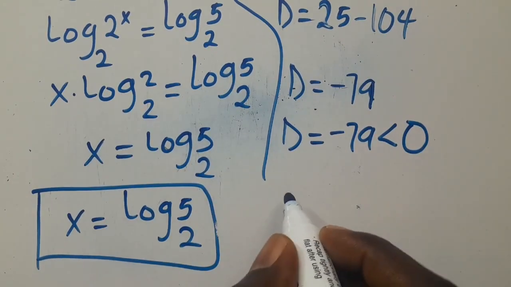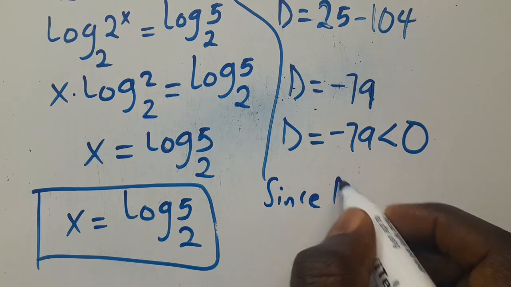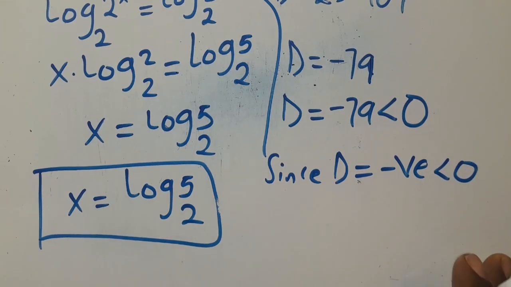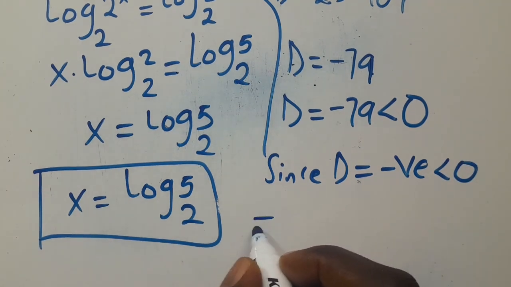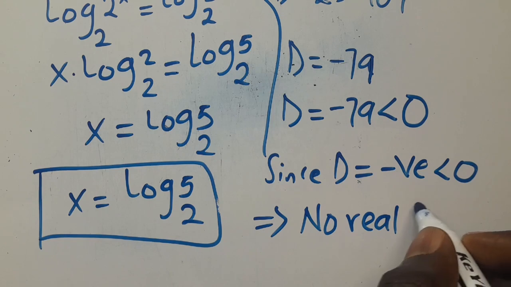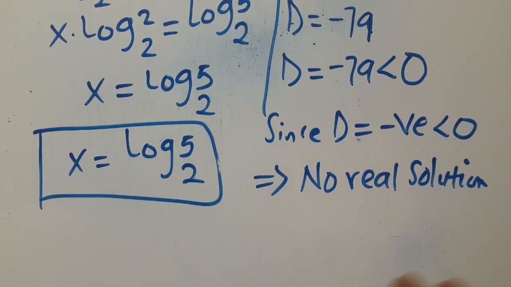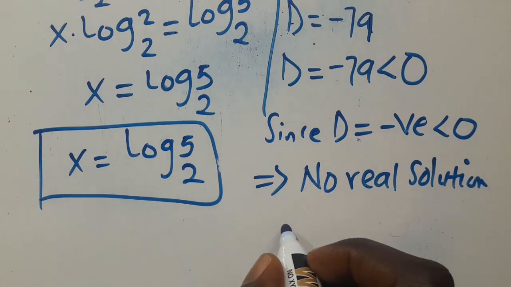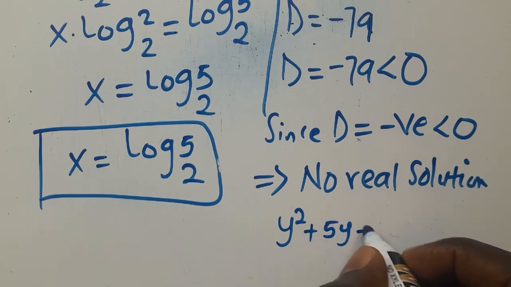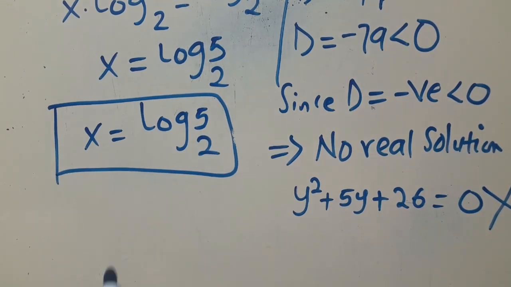So since d is negative, that is less than 0, this implies that we have no real solution. And so therefore, we don't want this. We reject y squared plus 5y plus 26 equals 0. We reject this expression. So we only consider this.